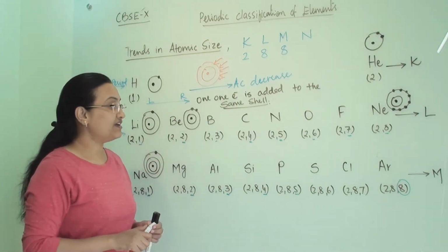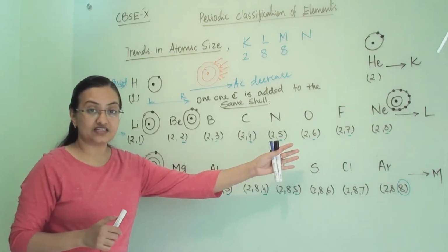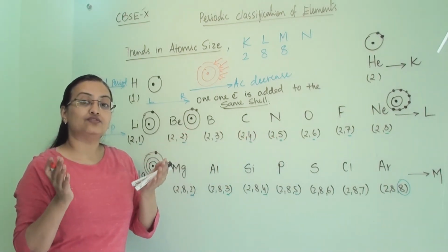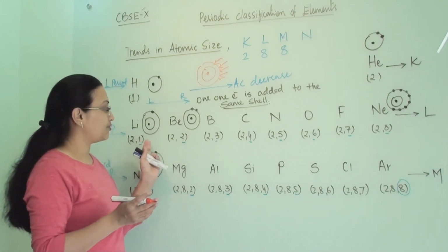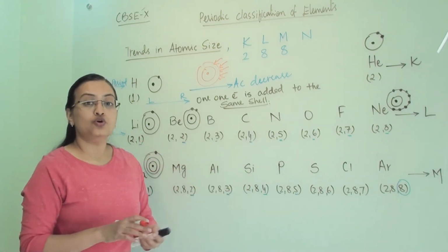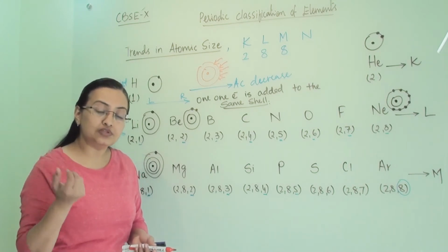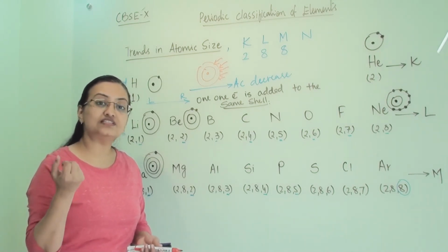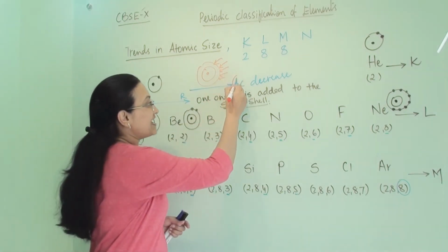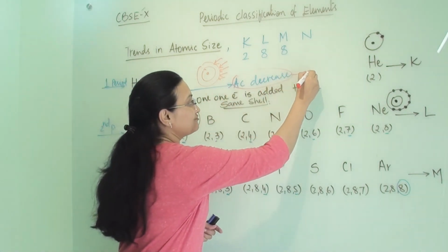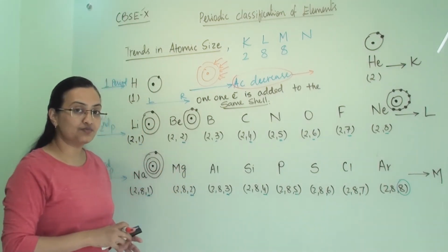So when we are reaching towards the right hand side, there will be more electrostatic force, and the nuclear charge will increase from left to right. So the nuclear charge will pull the electrons towards the nucleus. So the atomic size will decrease as we go from left to right. What is the reason behind that?